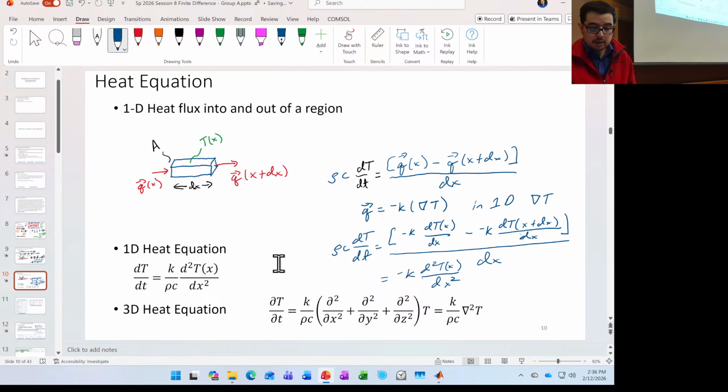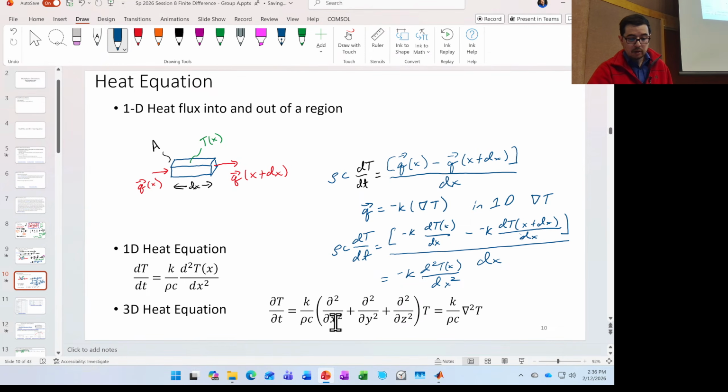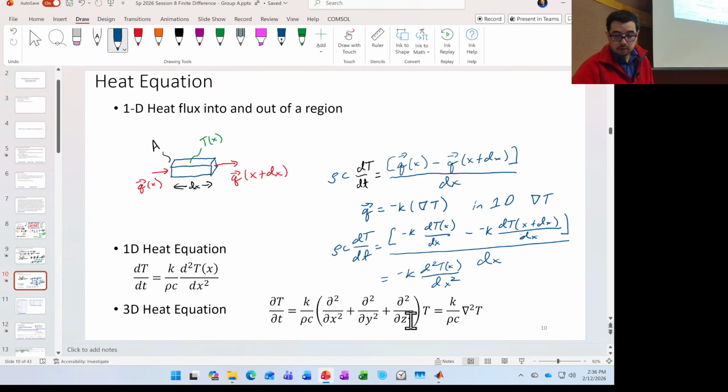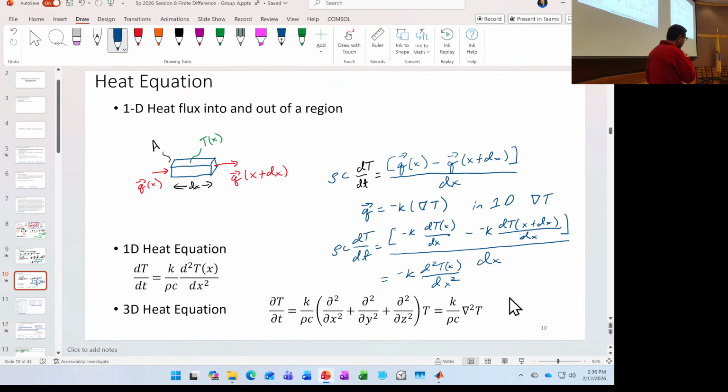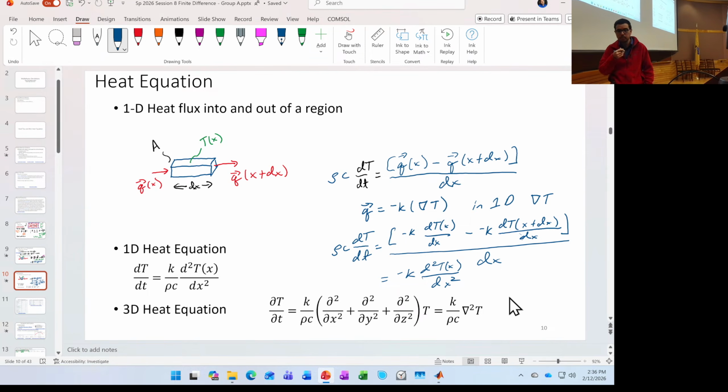In 3D, what you have instead are three partial second derivatives of the temperature. And we can relate that to the thermal conductivity, the density, and the specific heat, and the Laplacian of temperature.